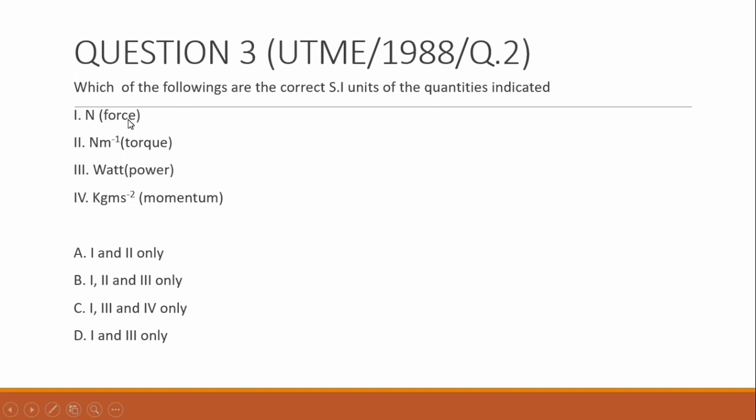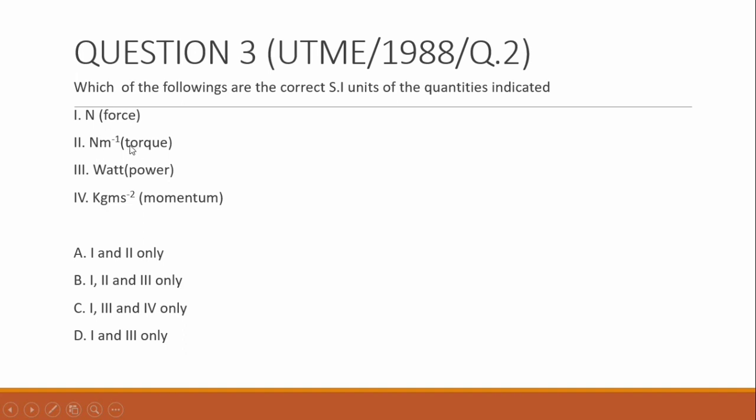Newton, F, force; Newton per meter, torque; watt, power; kg meter per second square, momentum. So let's check which one is correct. Newton is the unit for force. Yes, that's correct.